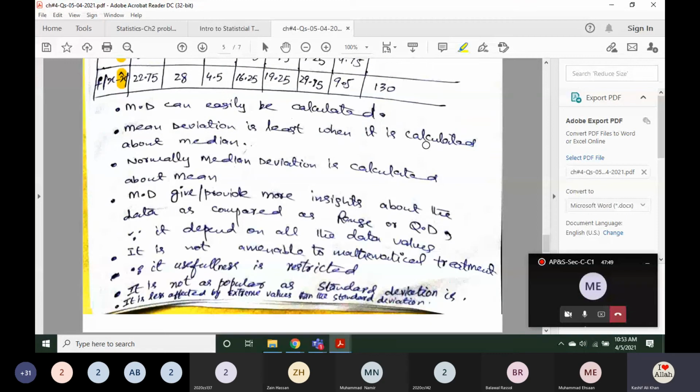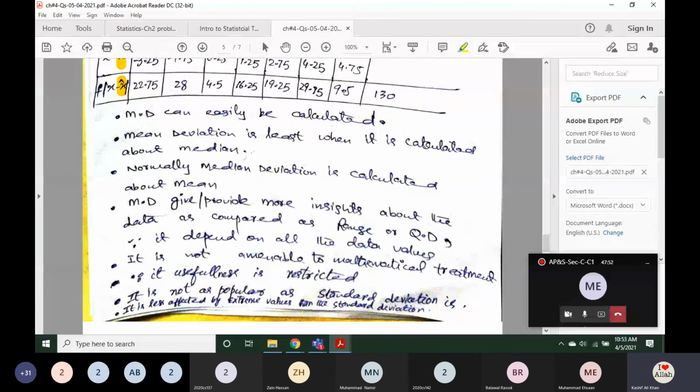Now there are some important points about the mean deviation. Mean deviation can easily be calculated. Mean deviation is least when it is calculated about median. Normally, mean deviation is calculated about mean. Mean deviation gives or provides more insights about the data as compared to range or quartile deviation, because it depends on all the data values.